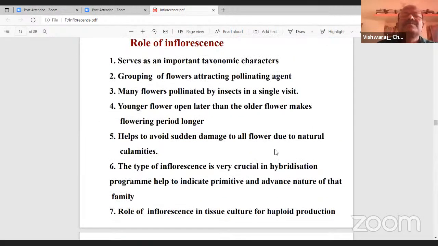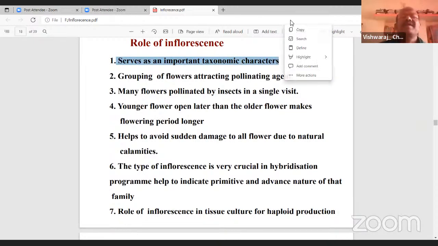Then the role or function of inflorescence. Inflorescence serves as an important taxonomic character. Taxonomy, as we have seen in the first period, means study of the external characters of plants.